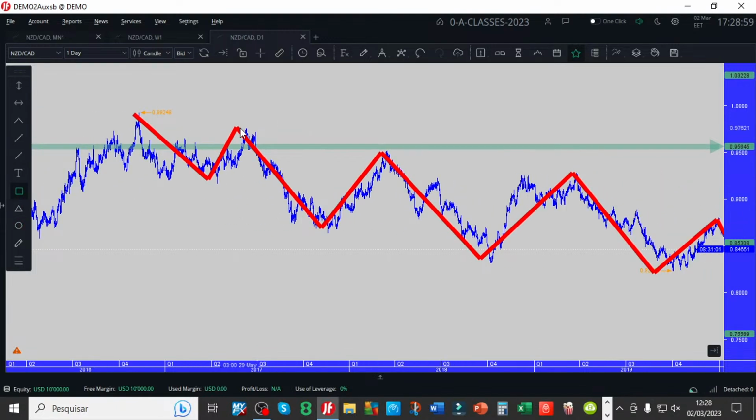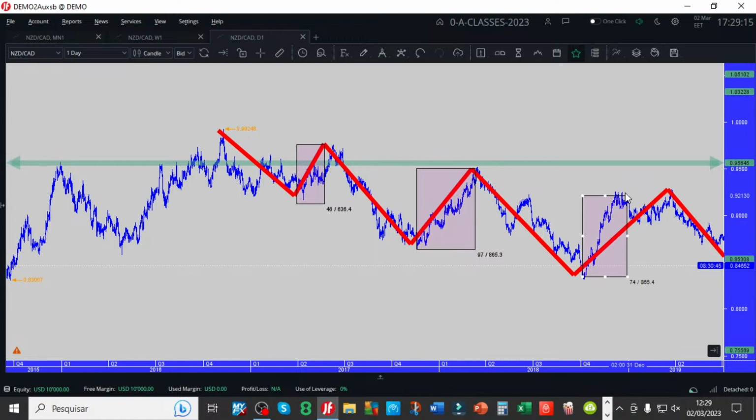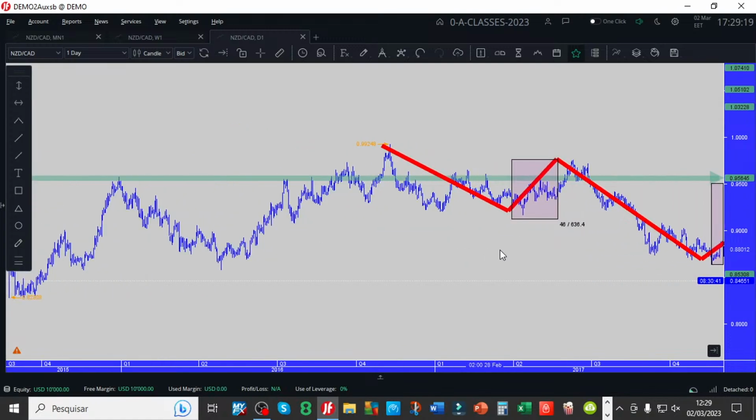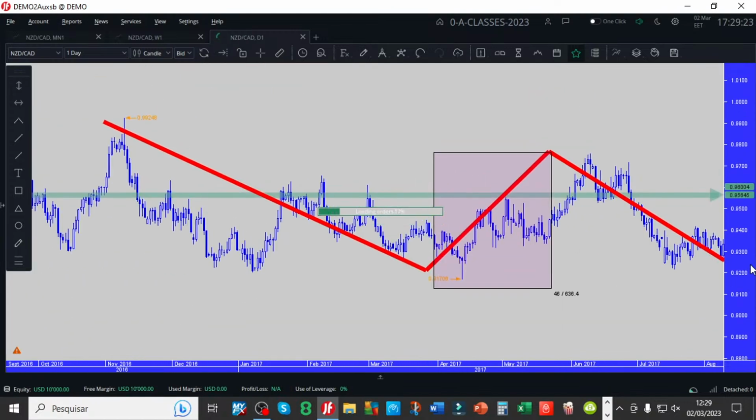So we're talking about retracement, right? So this is the retracement, and this is the retracement, and this is the retracement, right? Retracement trading.